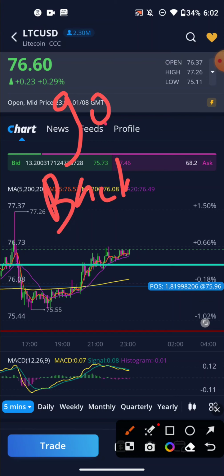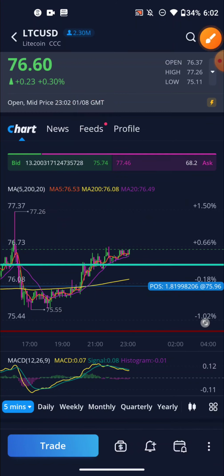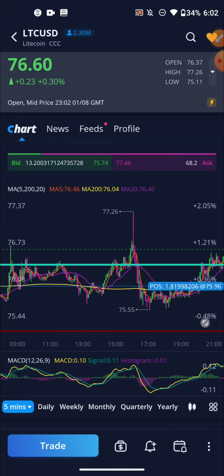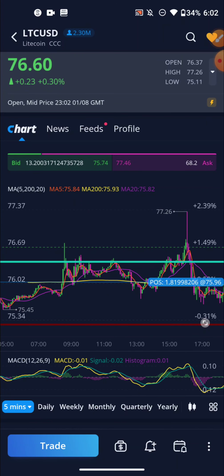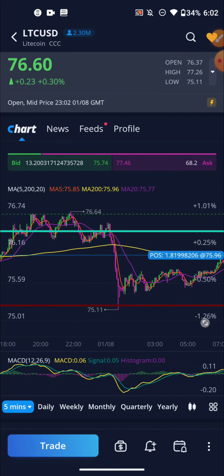Let's go backwards, because that's the only way you can go. So as you can see, right now the price is in the range of my support and my resistance.